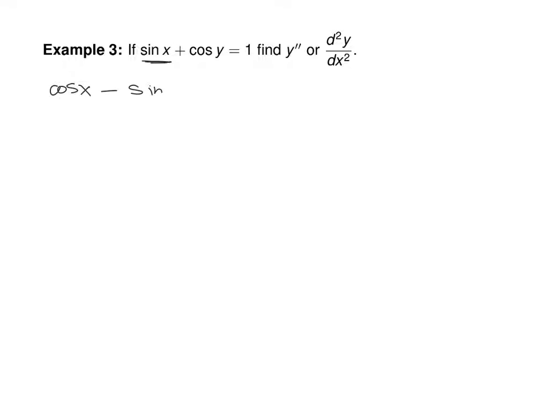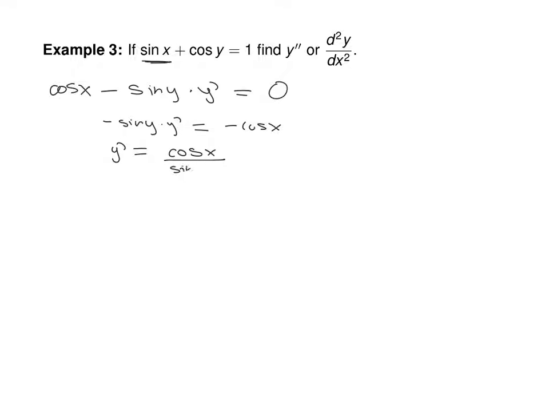Negative sine of y times y prime. And don't forget that 1's derivative is 0. I've seen students make problems like this a lot harder by not having the constant's derivative go to the right place. That's silly. So negative sine of y times y prime equals negative cosine x, or y prime is cosine x over sine y.